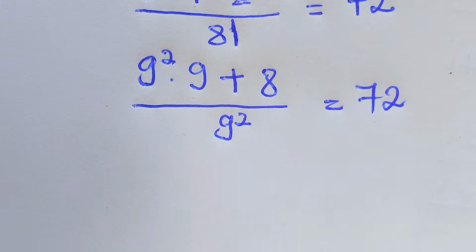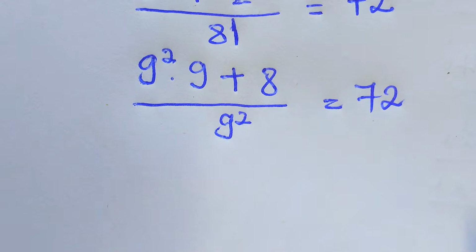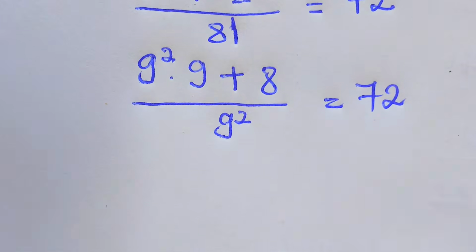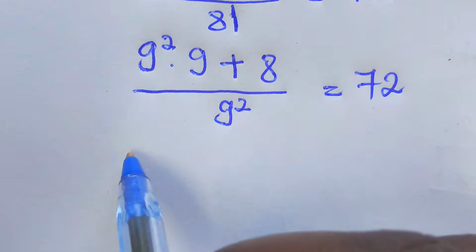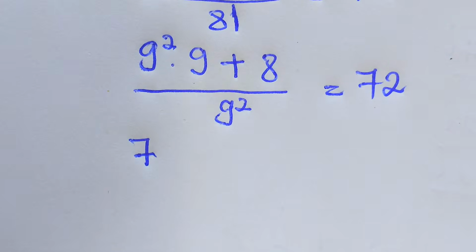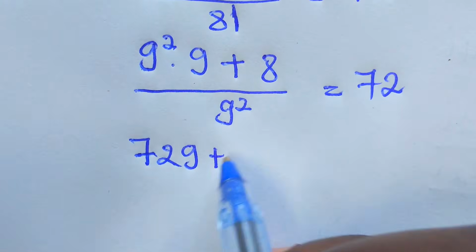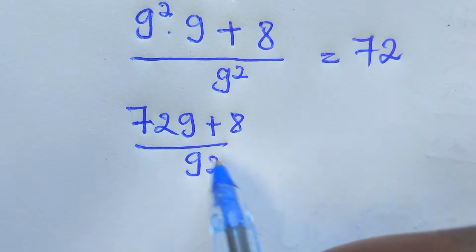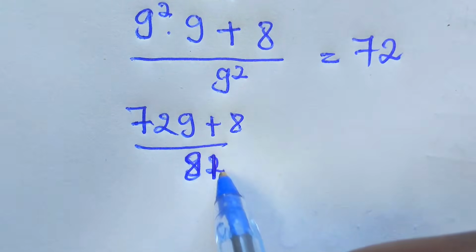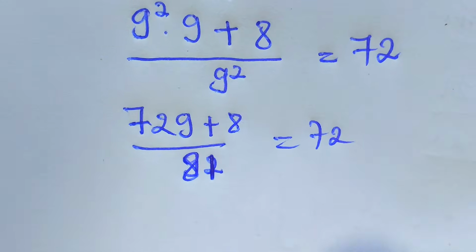Here what should we do? We have 81 times 9. 81 times 9 is equal to 729 plus 8 over 9 squared, which is 81, it is not 91, equals 72.